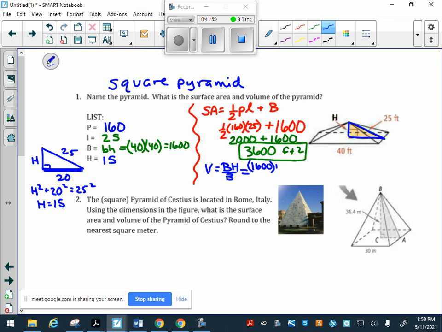Height is 15. 1600 times 15 divided by 3. 16 times 5 is 80, so 8,000 cubic feet. That makes sense? Okay.